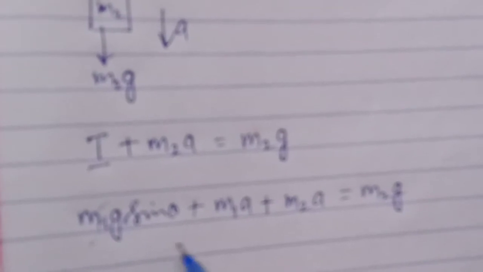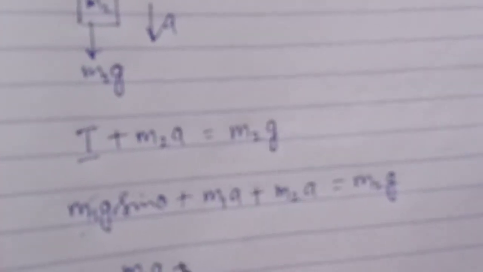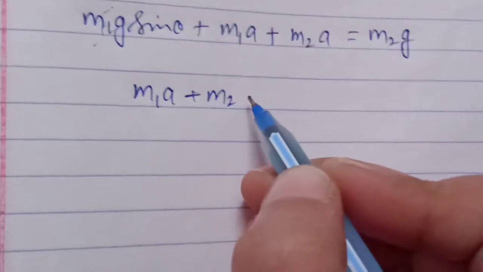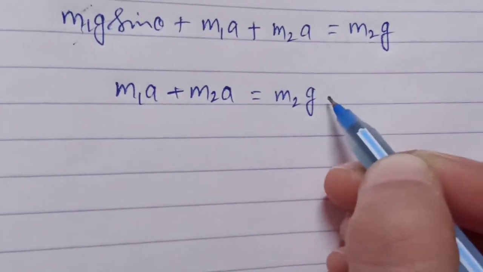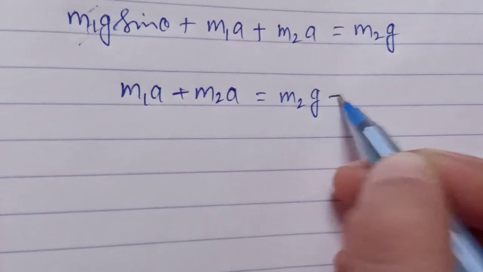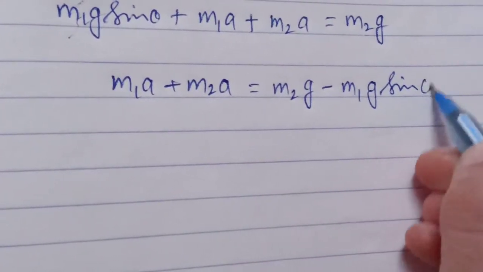So we put the acceleration on one side and the gravitational force on the other side: m1a plus m2a is equal to m2g minus m1g sin theta.